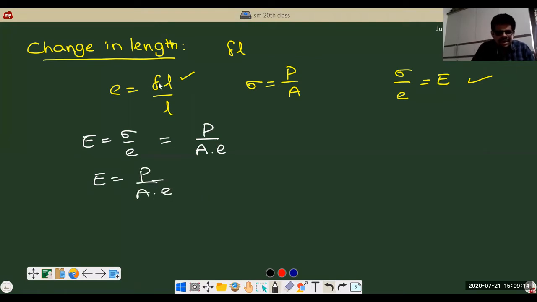Now this small e is nothing but delta L by L. So let us substitute this value here.